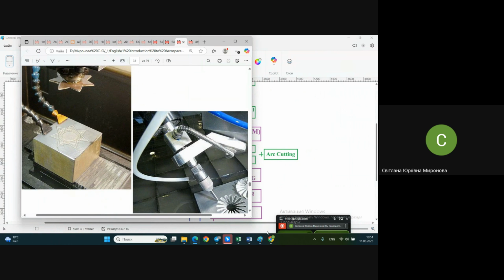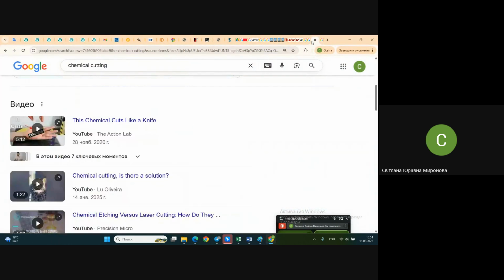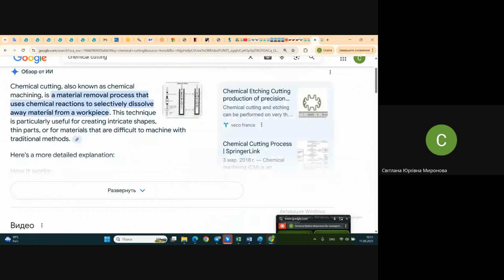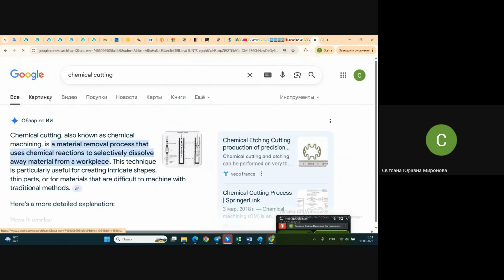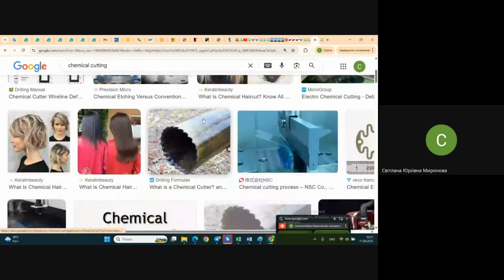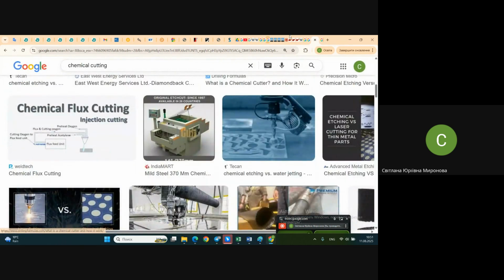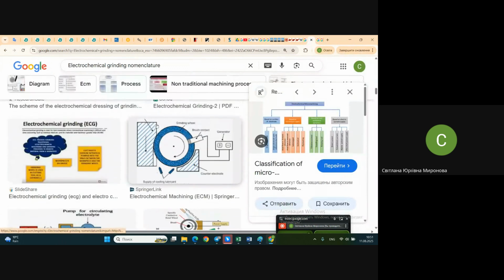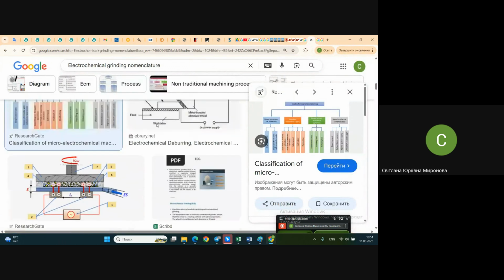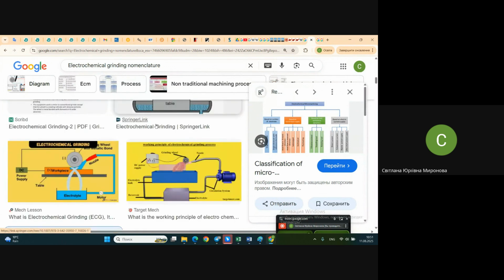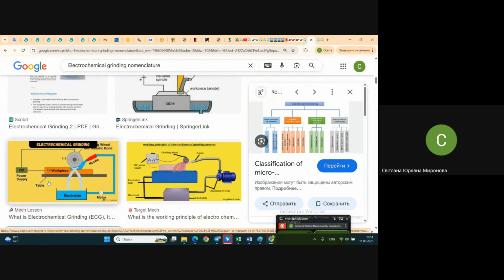I even found some schemes to show you before, but not that one, not that one... Oh, no, not that one. For instance, something similar to what we see: there it's electrochemical grinding. They use a grinding wheel to remove a layer of material, and a nozzle supplies electrolyte, as you might see. Yeah?